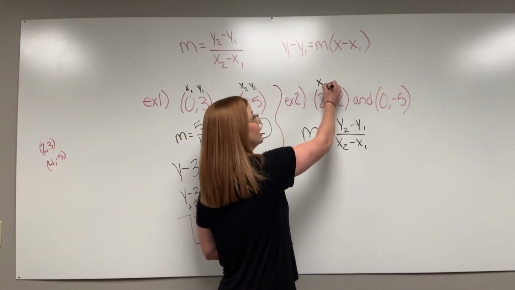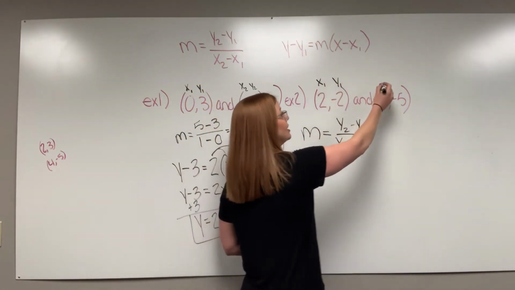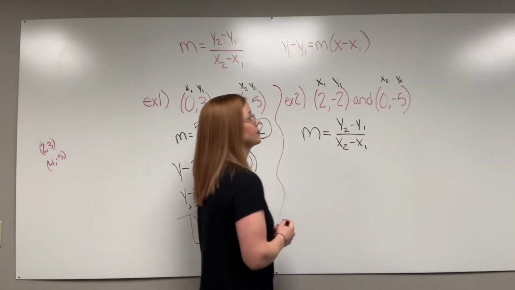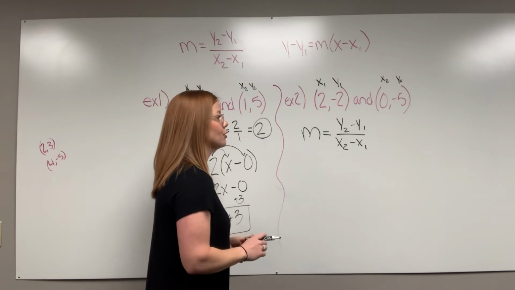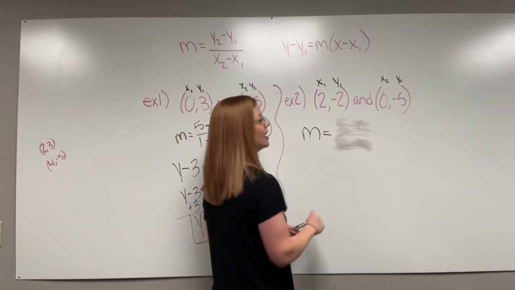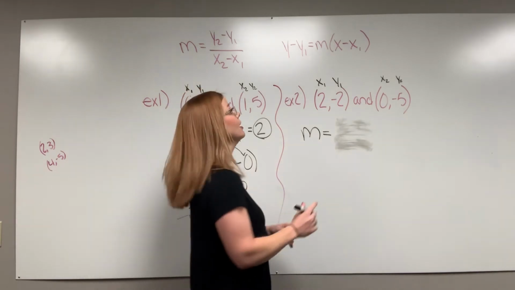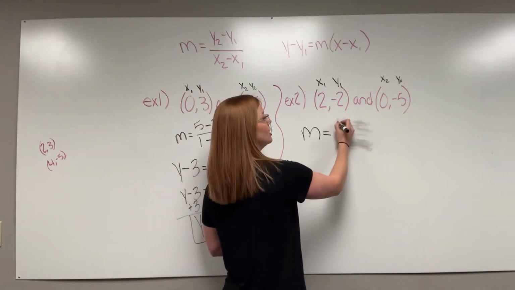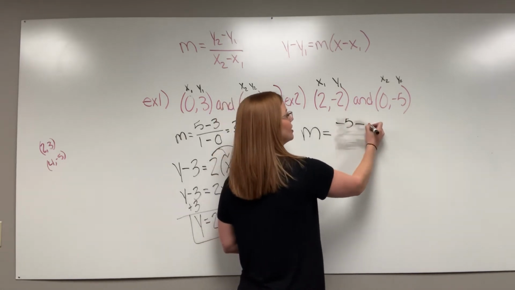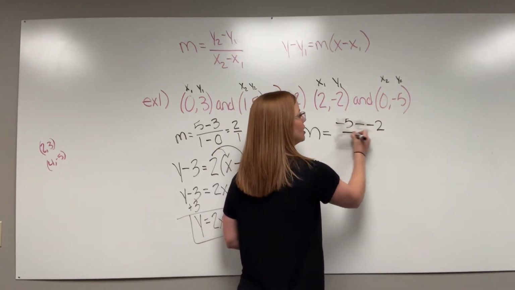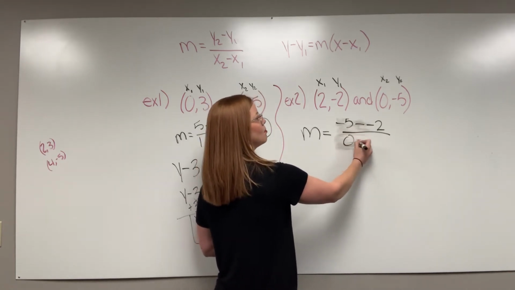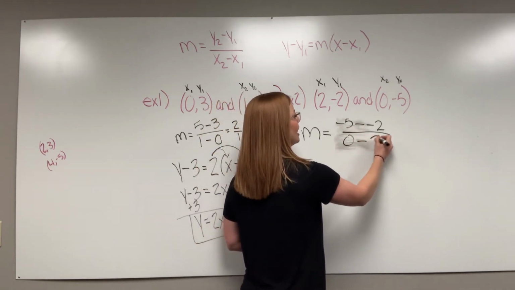So first point is x1, y1. Second point, x2, y2. So now I can replace them. Just for space, I'm going to erase that and just go ahead and put my numbers here. So y2 is negative 5 minus y1, which is negative 2, over x2, which is 0, minus x1.